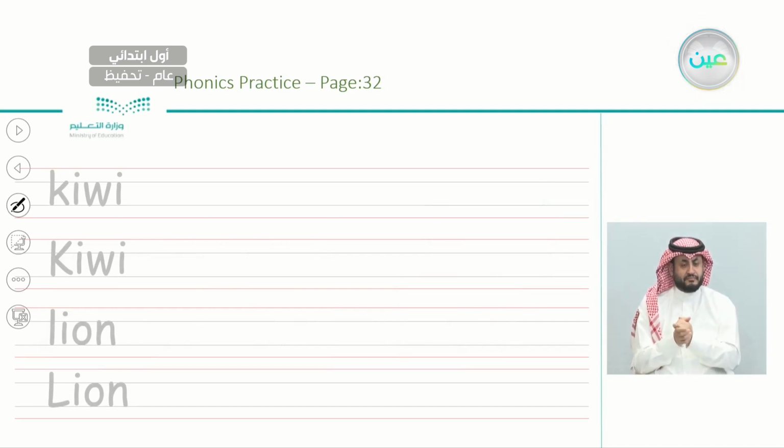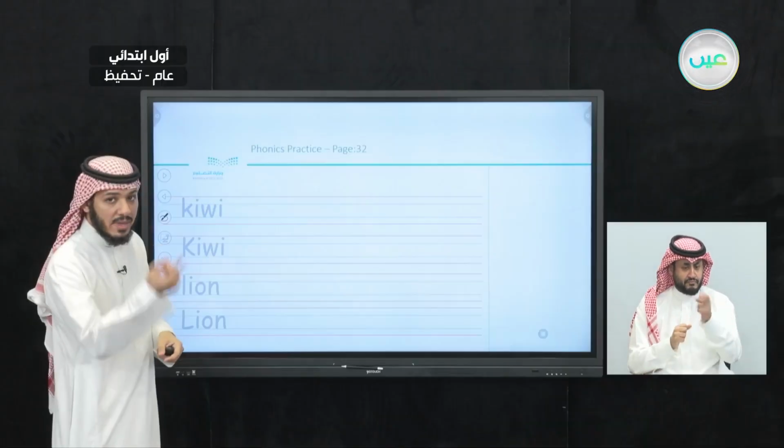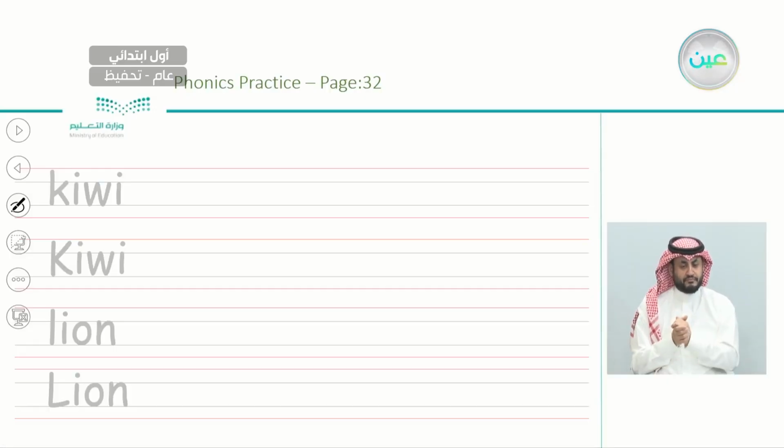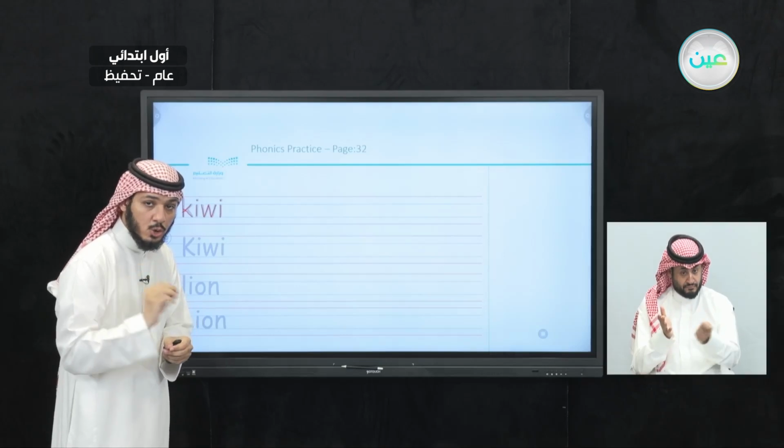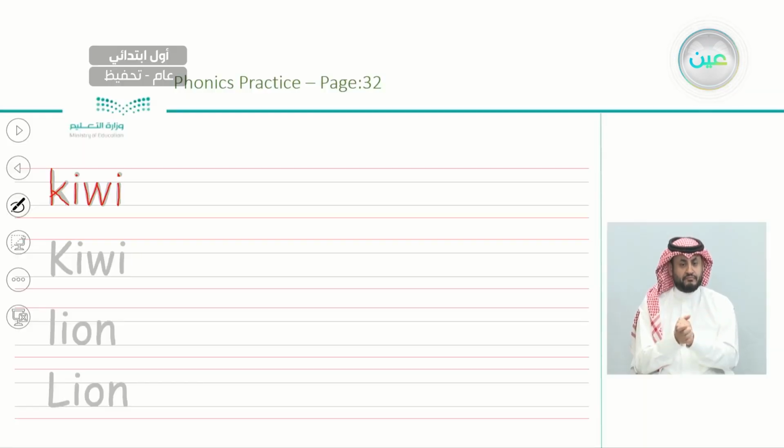So the first one here is kiwi. Let's trace, and then after that we will write it. Start number 1 to number 3. K like this, I, W, and then I again. So this is kiwi. Now let's write it. Don't forget, write it in your notebook. K, 1 to 3.